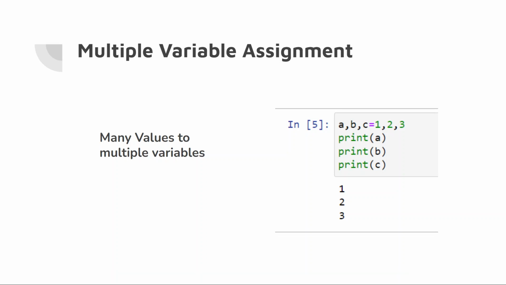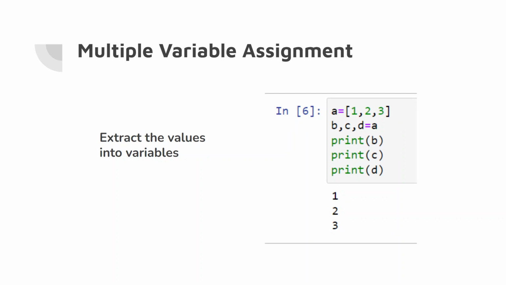We call it multiple variable assignment. And one more thing is extract the values into variables. So if I say a is equal to 1 2 3 and then I say b c d is equal to a, and you can print simply b c d like this.